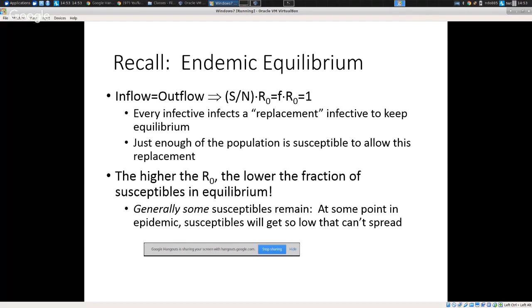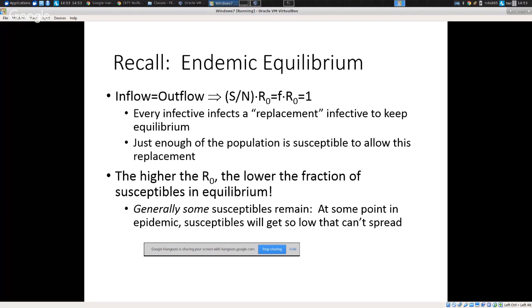What do we need F to be here? We're handed a given disease, it has a given R naught, a given duration of infection, a certain contact pattern, and we're given beta, the chance of transmission from an infective to a susceptible.